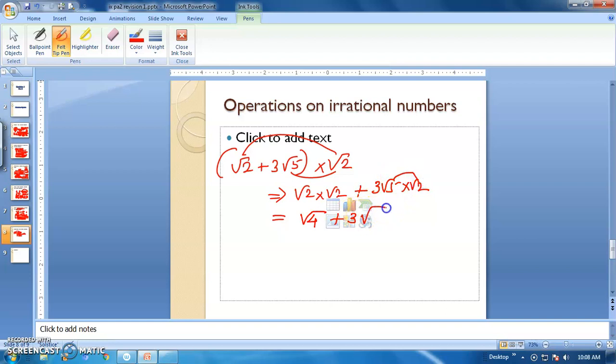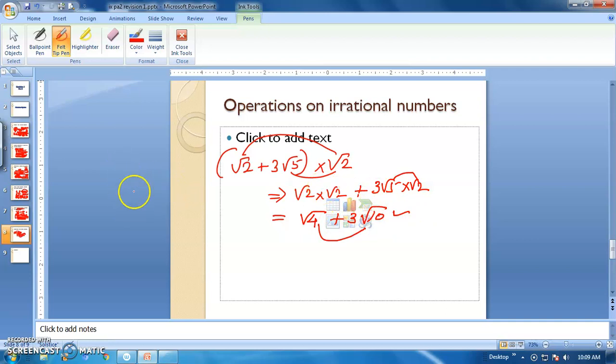Root of 5 twos are 10, so root of 10. Not root of 15 or whatever. When you multiply, multiply rational number with rational number, irrational number with irrational number. That is the procedure. It is not possible to simplify again, leave it, because two different irrational numbers are there.